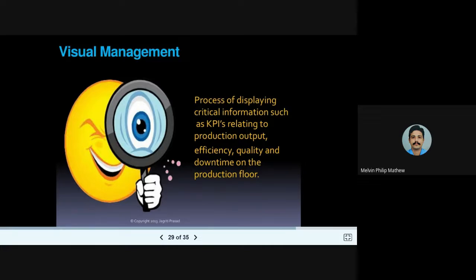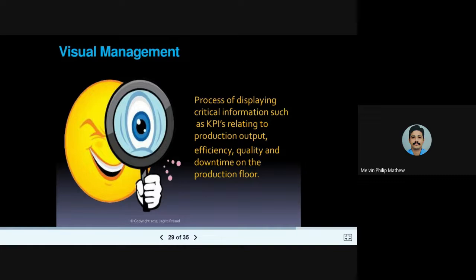Then it shows us the quality of the product that is produced, and this also comes under visual management. And the downtime on the production floor, so any non-activity time present during production. If on day one 100 products were produced and on day two 110, they will compare what was the reason for the increase in productivity.